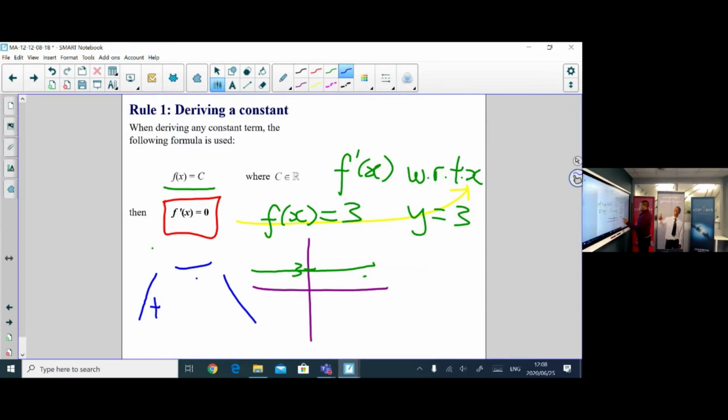If it's horizontal, it's 0. If it's going down, it's negative. So in this situation where we have a horizontal line, the gradient m equals 0. The gradient function is the same thing as your differentiation, so your first derivative is also your gradient function.